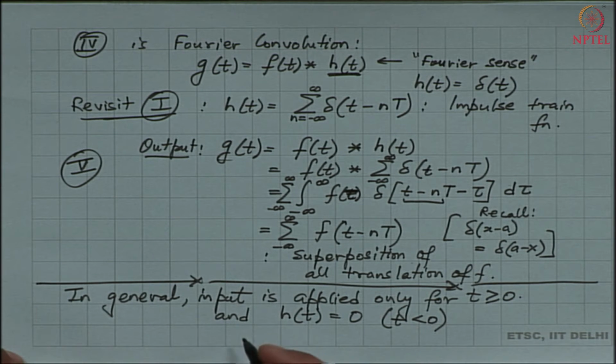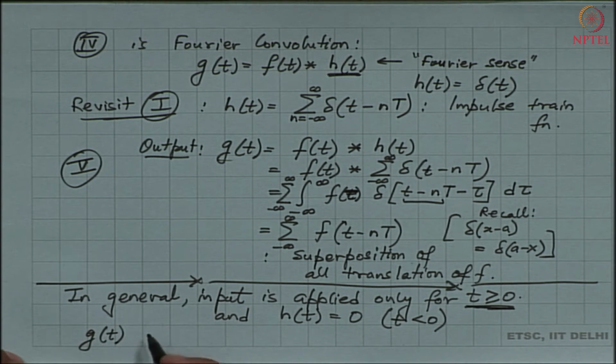If t is greater than 0, then the output, by our expression 4, can be shown to be the integral from 0 to t.